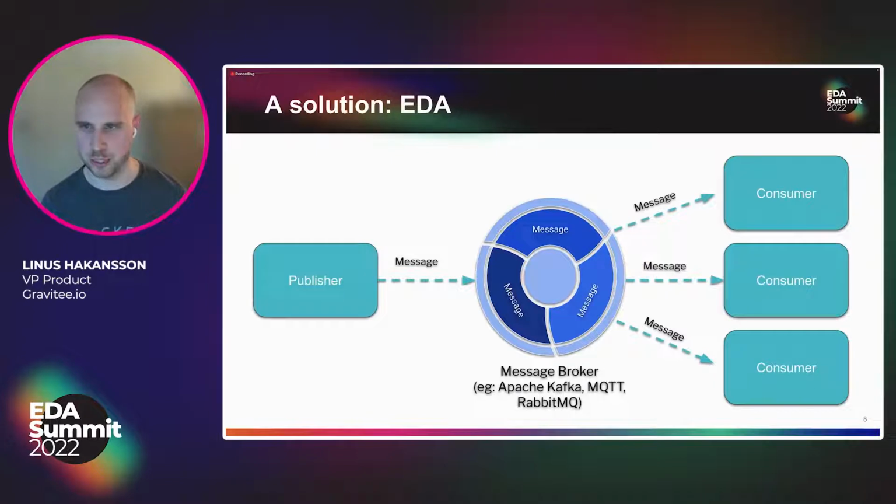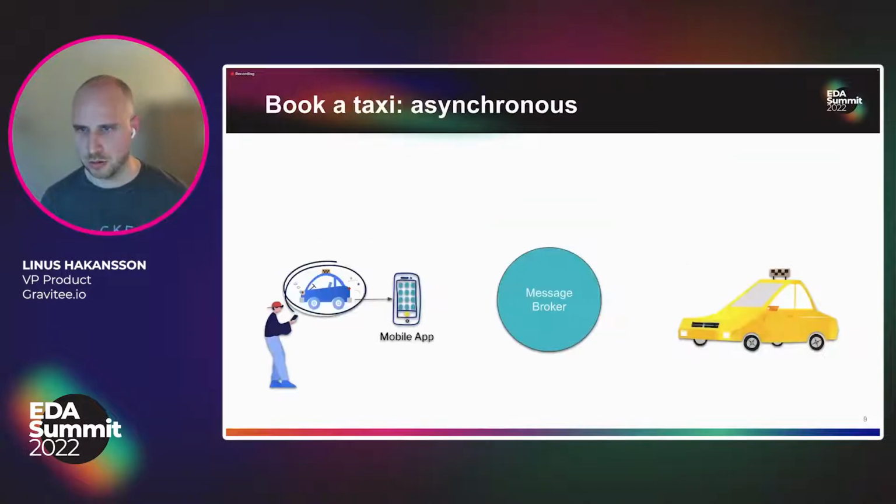That might be Solace, Kafka, MQTT, RabbitMQ, something else. Then several consumers, so that might be different taxis, or maybe different taxi companies, would subscribe to different topics and queues, maybe for different countries or regions or sub-companies, for messages of bookings of taxis. So how could that look in the case of our mobile application for the taxi booking?